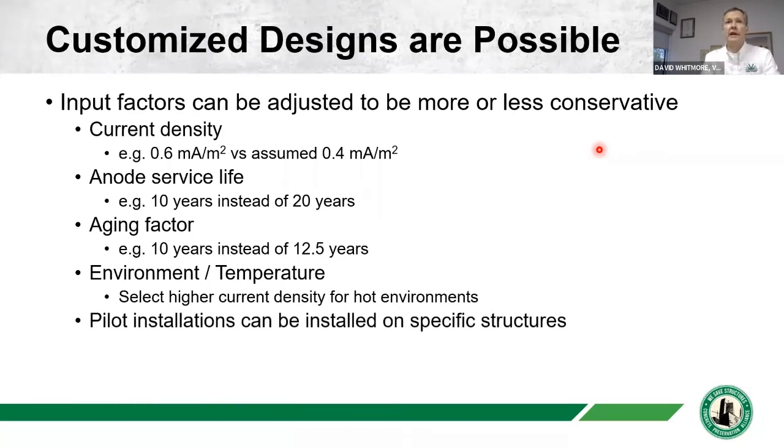And if you're doing a large project, particularly if it's going to be done over a number of years, it may be appropriate to install a pilot installation and monitor and get some data from your exact project, your exact conditions, and be able to use that to refine your design on other phases of the work.